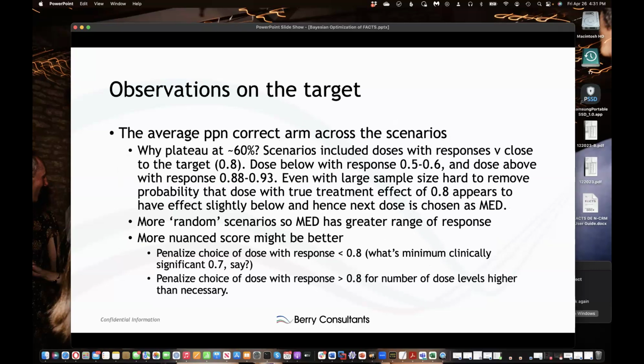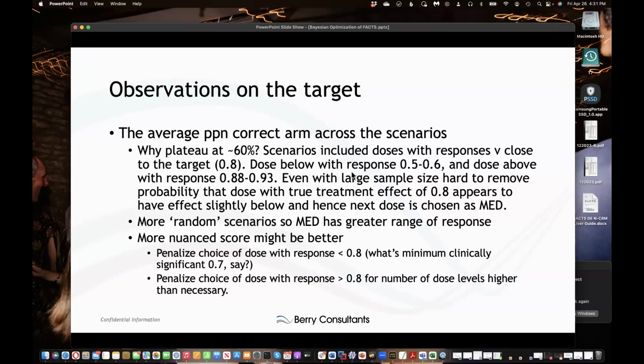So you might have a couple of questions here. One is, well, why does it plateau at 60%? Why can't we make the determination of the MEDs any better than that? And I think it's because the true MEDs in the scenarios I created were all extremely close to the target of 0.8.